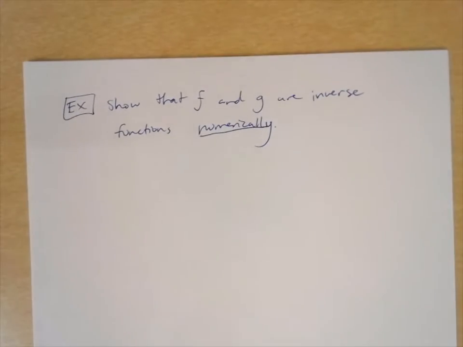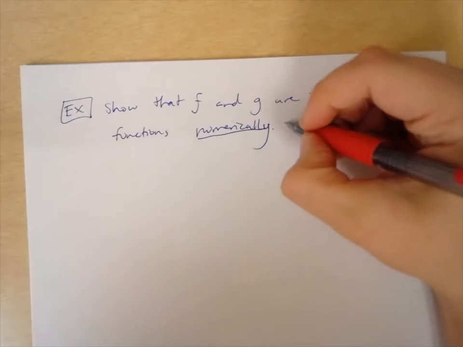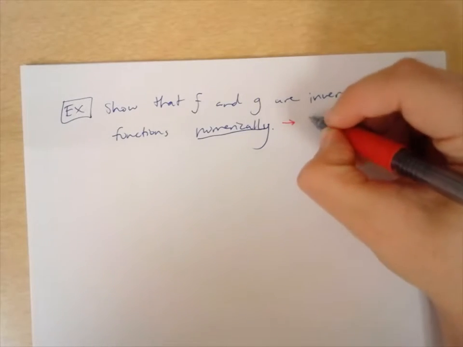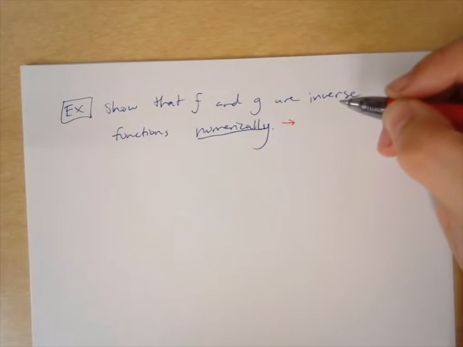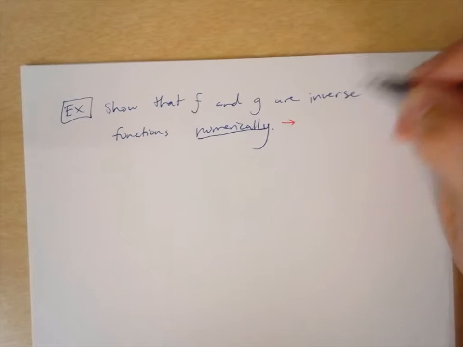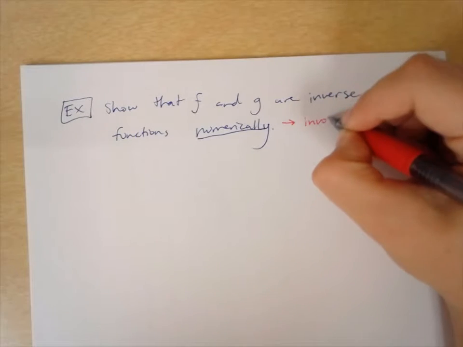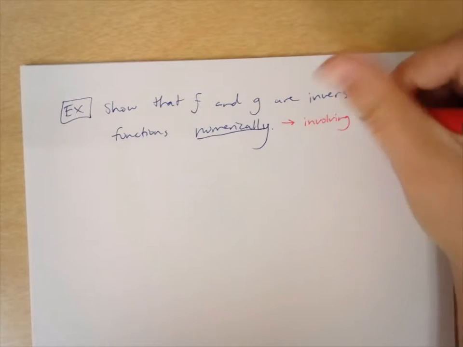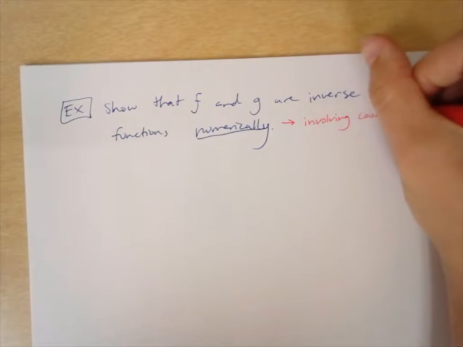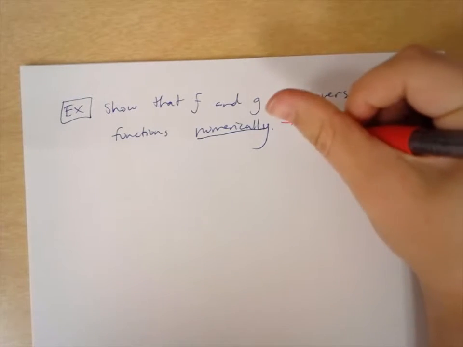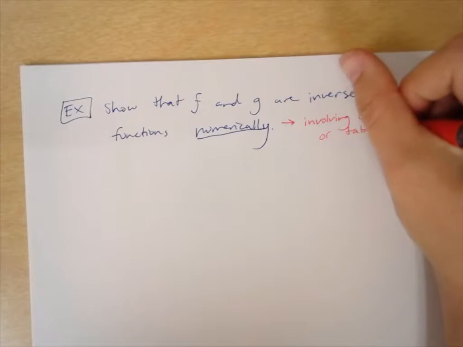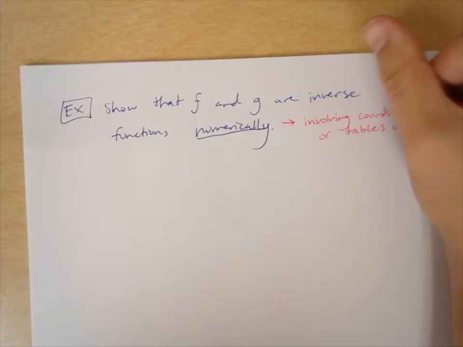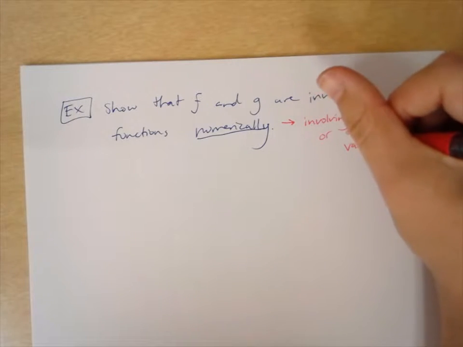And what numerically means, you guys, is that it's involving coordinates, involving ordered pairs, inputs and outputs. So we can just say involving coordinates or tables of values.